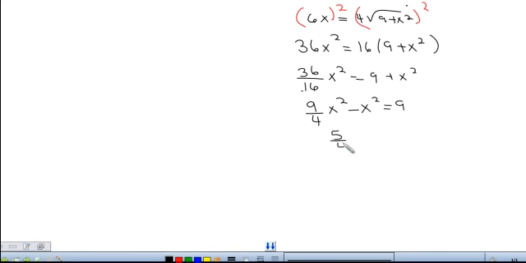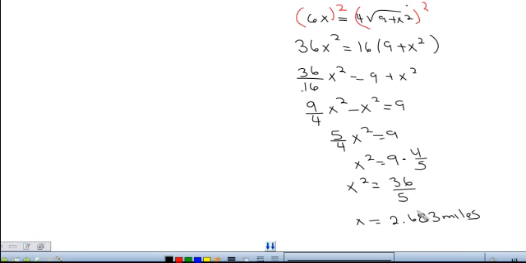So I get 5/4 x squared is equal to 9. So if I multiply by the reciprocal, I get 36 over 5. So x is approximately 2.683 miles.